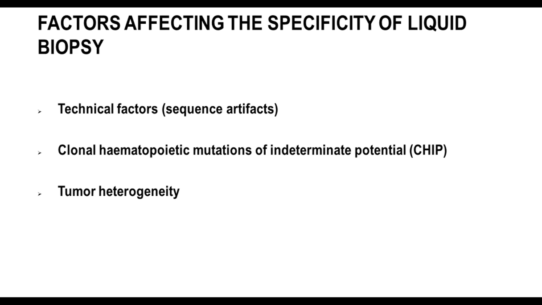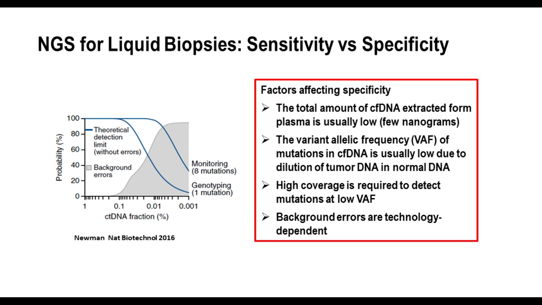But what are the factors that affect this low concordance between tissue and liquid biopsy testing and somehow affect the specificity of liquid biopsy? Well, the first is technical factors, sequencing artifacts. Why can sequencing artifacts occur with high frequency when we test with NGS liquid biopsy?